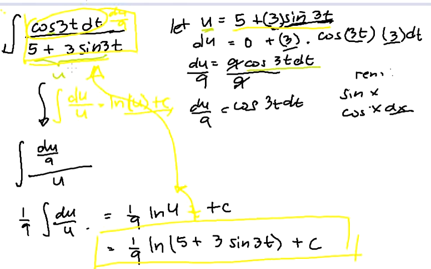Okay, so we let this whole term be u, and then we take the derivative, which is equal to this cosine 3t dt, but with a constant 9. Then we divide all this term by 9 so that we come up with only this term.